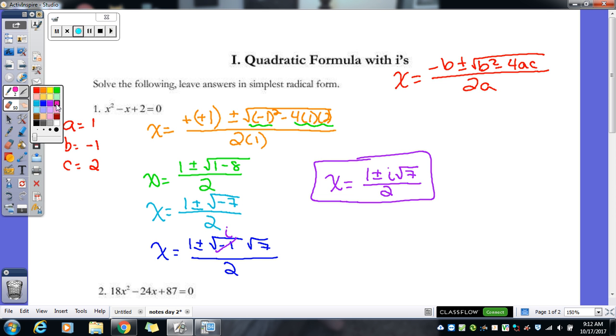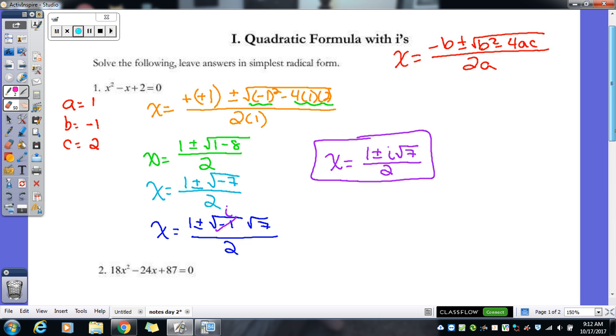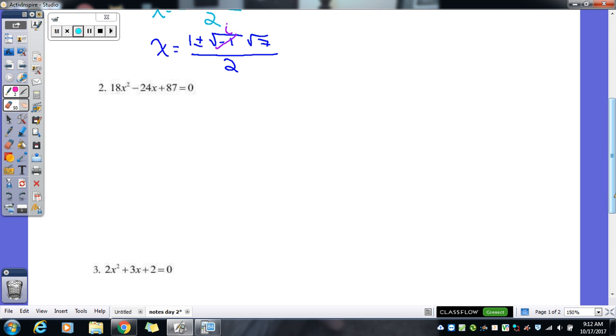So let's take a look at our next one. Again, I'm going to make my little list. Our a this time for problem number 2 is 18. Our b is a negative 24. And our c is an 87. So we're going to get some large numbers here.